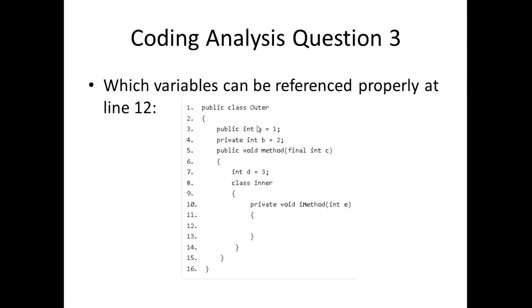Now, these are two other variables that can also be referenced at line 12, public int A and private int B. These can both be referenced at line 12, as well as the parameter here, final int C. Now, the reason why those variables can be referenced is because of this.